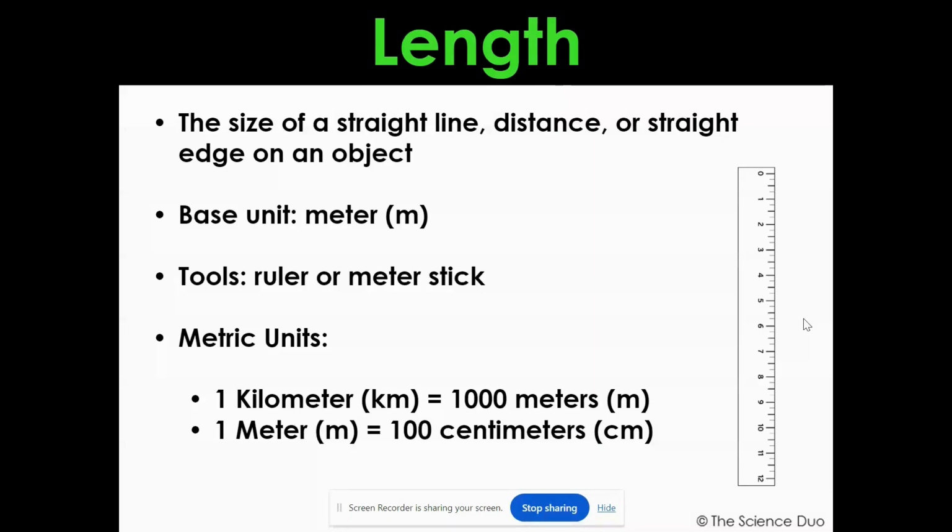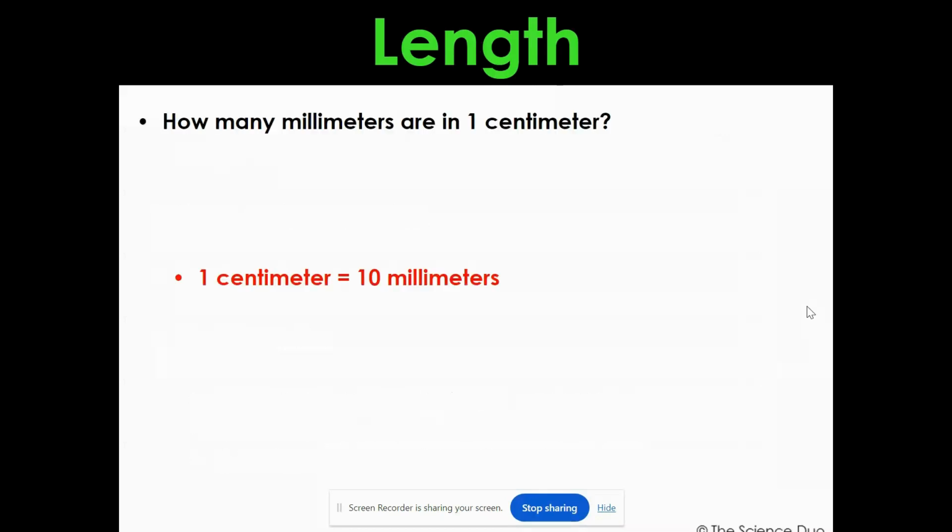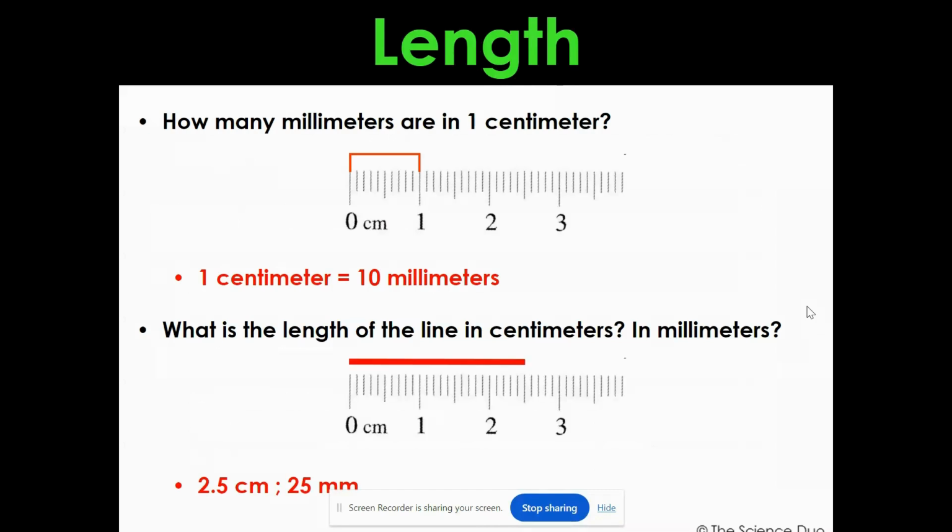If we have much smaller numbers that definitely don't reach the 1 meter mark, we could use centimeters. 100 centimeters is the same thing as 1 meter. This is how you measure using a ruler. You can pause and take a look at this if you need to.